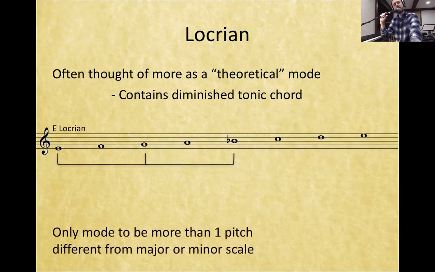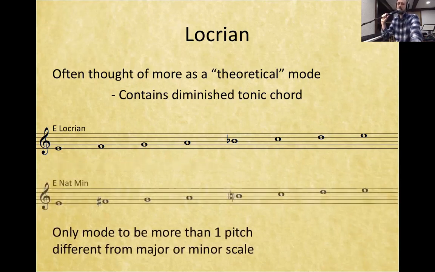The other thing that's really unique about Locrian is that it's the only one of these modes that's more than one note different from the major or the minor scale. So I'm comparing it here with E natural minor. Right? And so instead of do, re, mi, we've got in Locrian do, ra, mi.